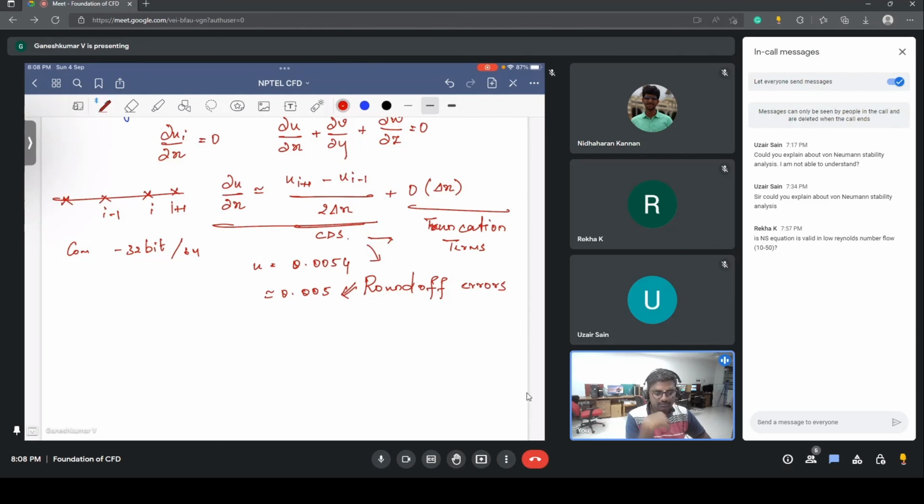We don't want the error to grow. We want the solution as close as possible. That's why we do stability analysis. There are different ways to do it. One is von Neumann stability analysis. When we say stability analysis, we don't want the error to grow from each and every iteration. Is that clear?